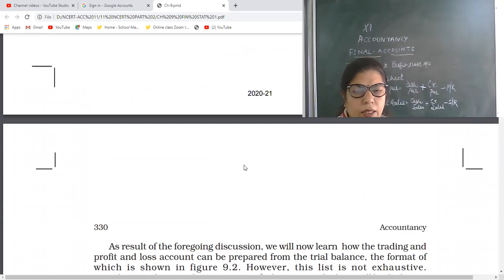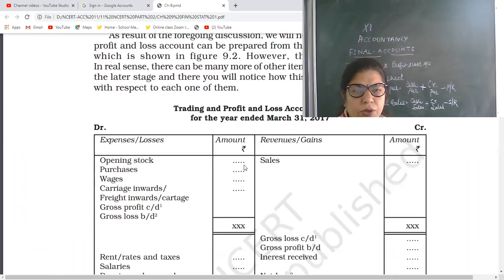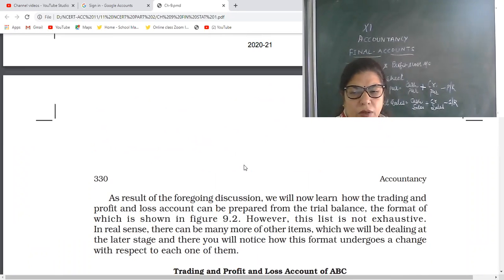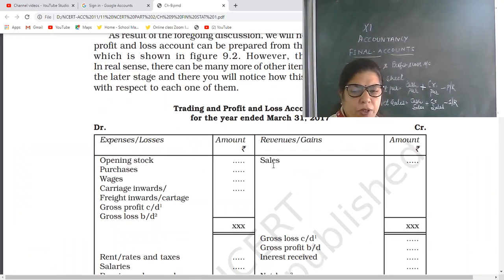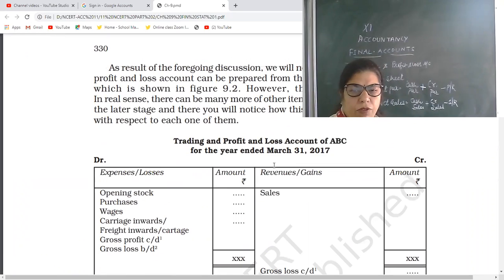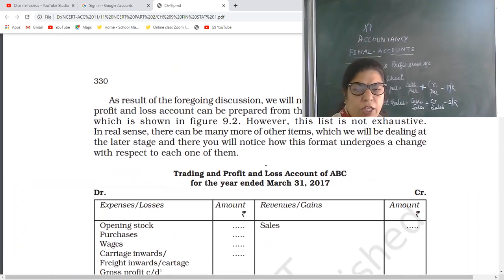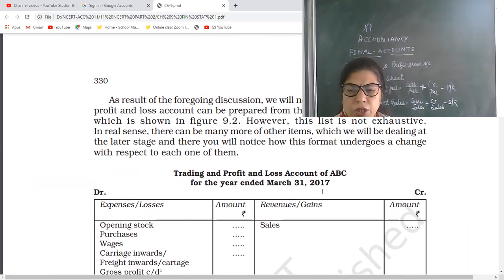So all the indirect expenses are transferred to P&L. Good. Now see. Note down the format. First format: Trading and P&L account of ABC for the year ended 31st March.